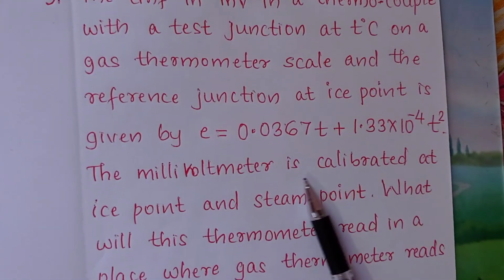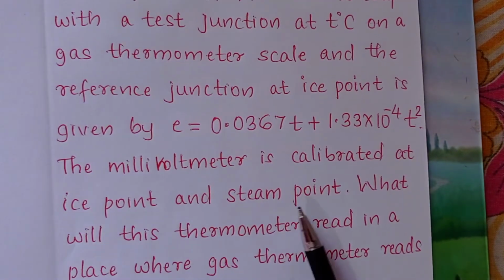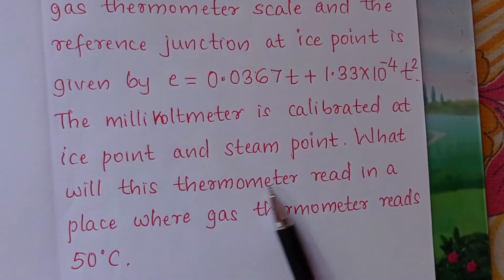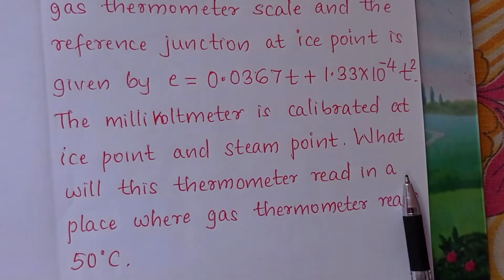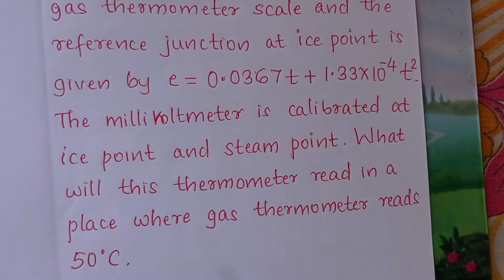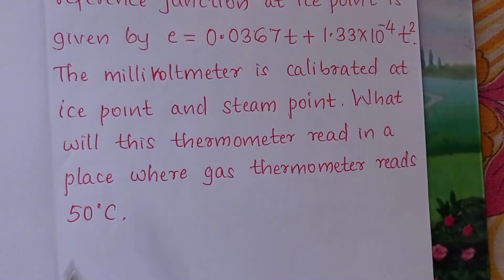The millivoltmeter is calibrated at ice point and steam point. What will be the thermometer readings in a place where the gas thermometer reads 50 degree centigrade? This is what we need to find out.